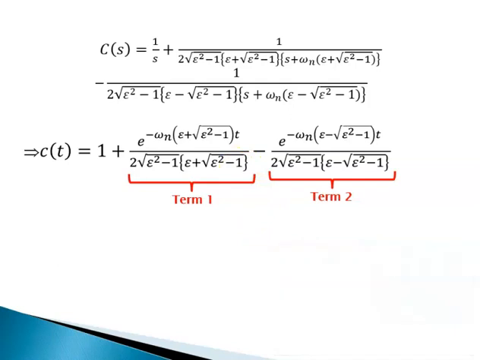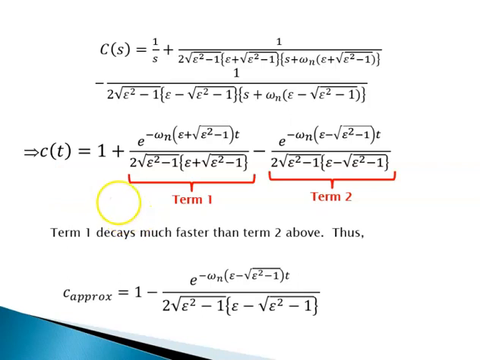Having noticed this, we can say that term 1 decays much faster than term 2. In fact, if you see in the plot that we're going to show in the next slide, in half a second, the exact expression and the approximate expression given here both coincide.